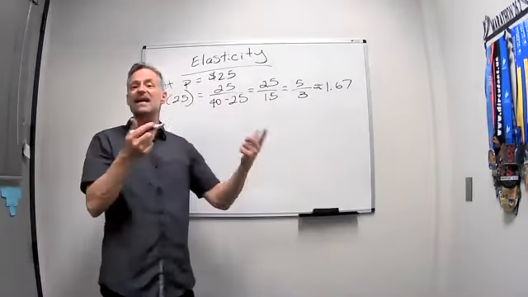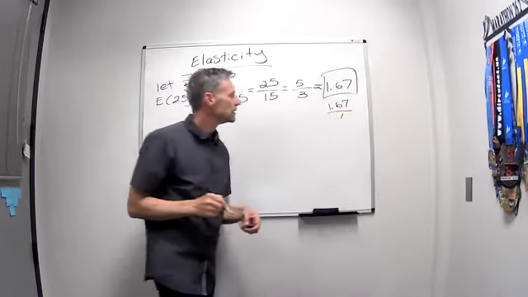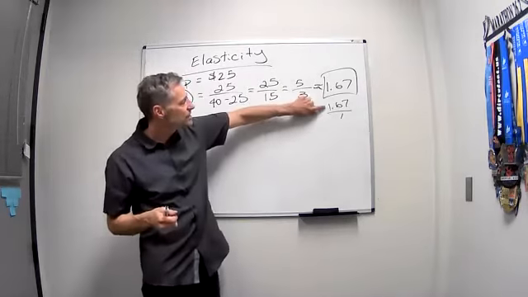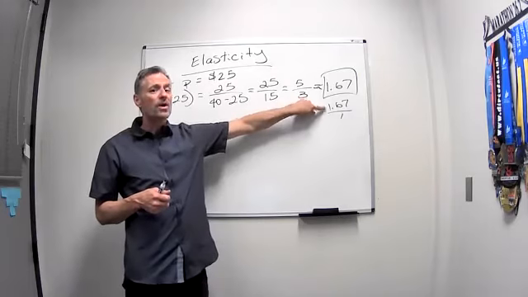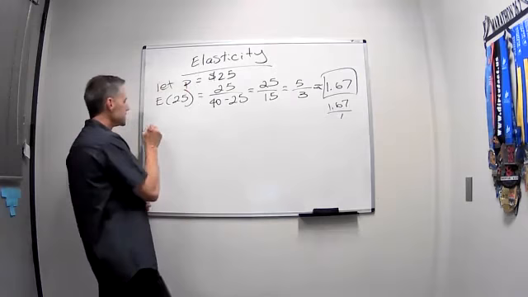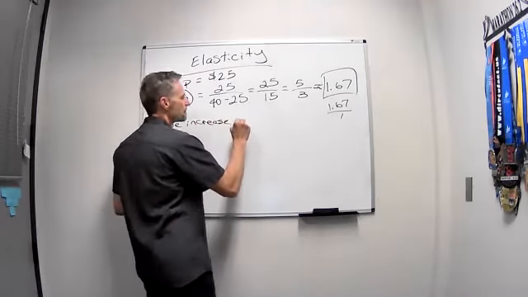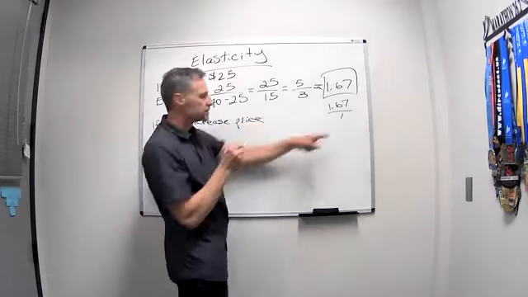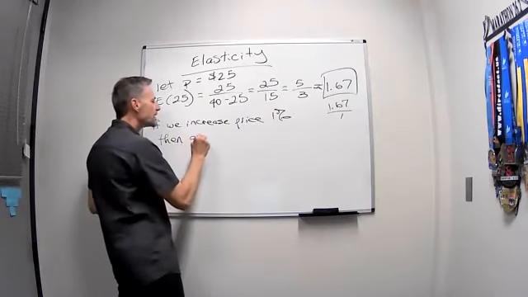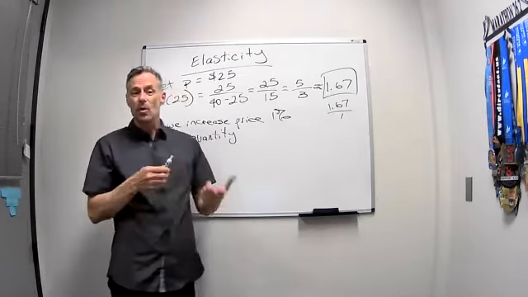Now, if we think of that as a fraction, so I'm going to box this, but if we think about it this way, so kind of the slope idea, because remember, what's elasticity? It's the percent change in quantity over the percent change in price. So what this is saying is, if we increase price say 1%, then quantity, now remember, from economics, we learned that price and quantity go in opposite directions.